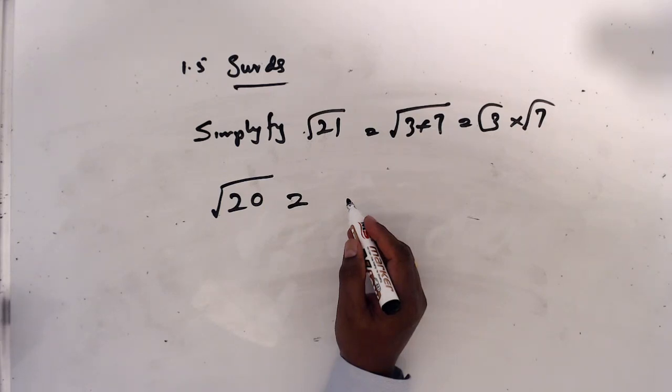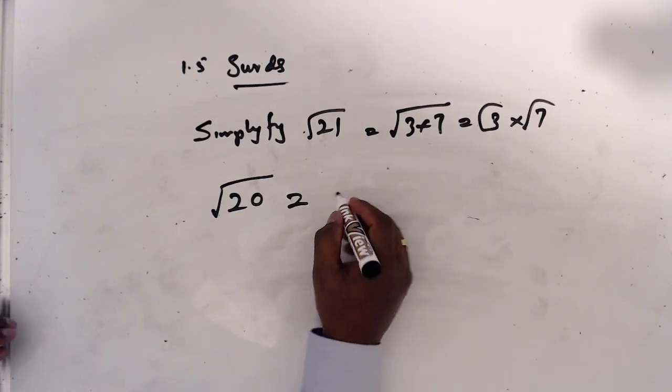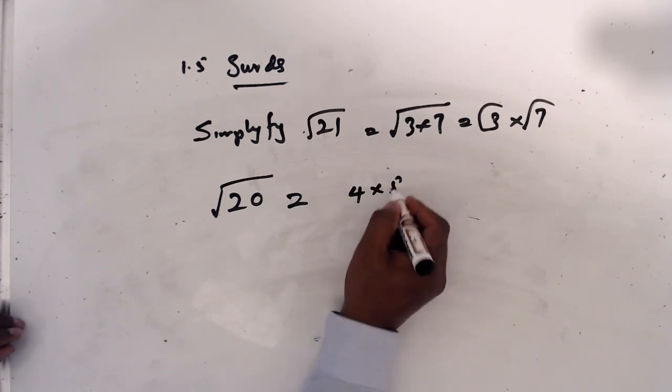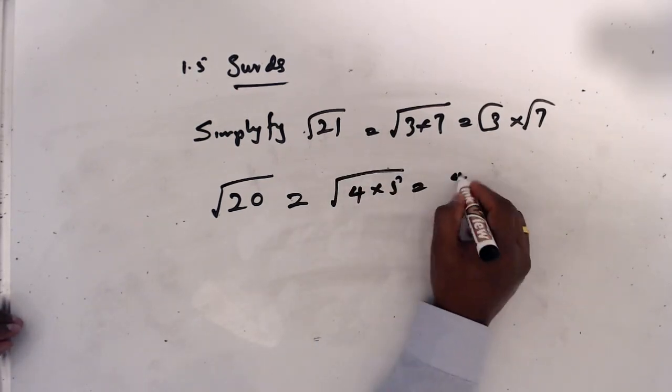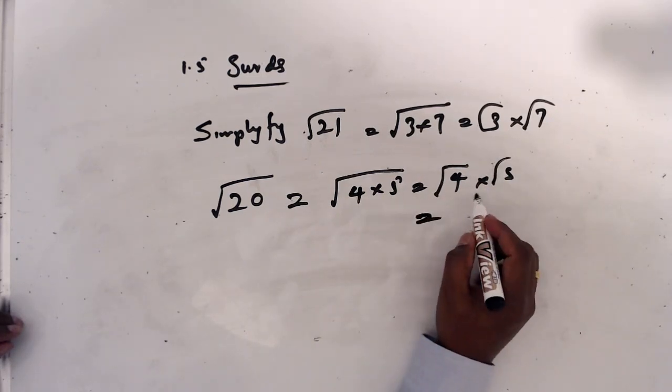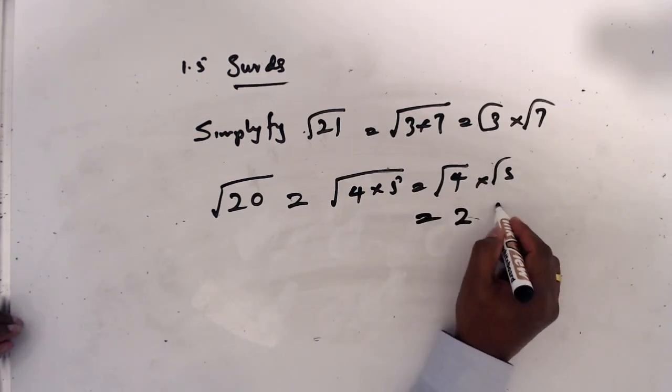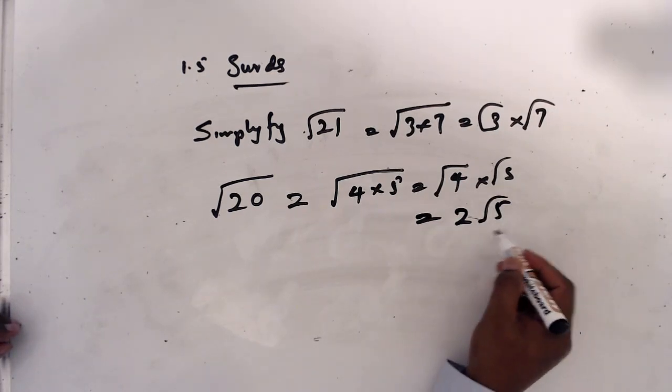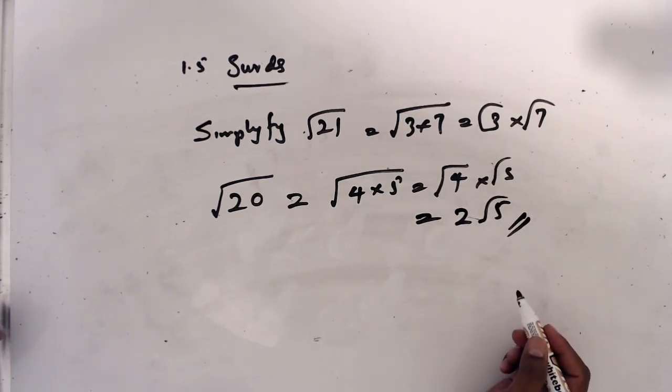I can write this as 4 times 5. Then I can write square root 4 times square root 5. Square root 4, we know that this is 2, and this is square root 5. So now we have simplified this.